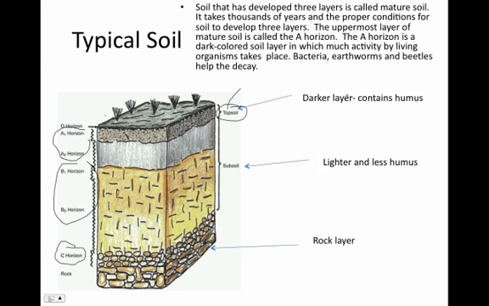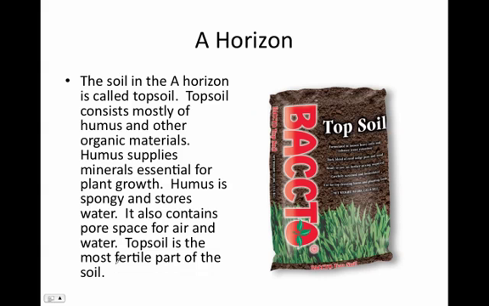It's usually darker, and it contains something called humus. Humus is lots of dead organic material, keeping the soil darkish. Subsoil makes up most of horizon B. As you can see, it'll be lighter in color because there's less humus. And then horizon C, the bottom horizon, makes up rock layers.